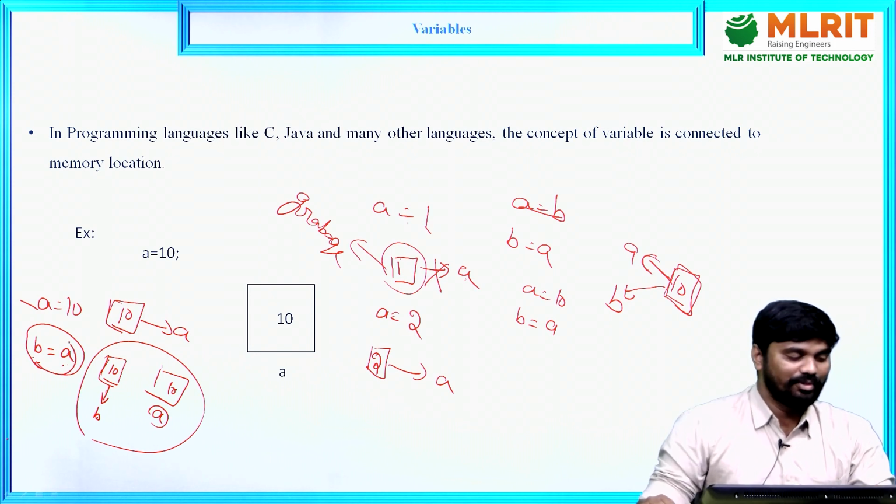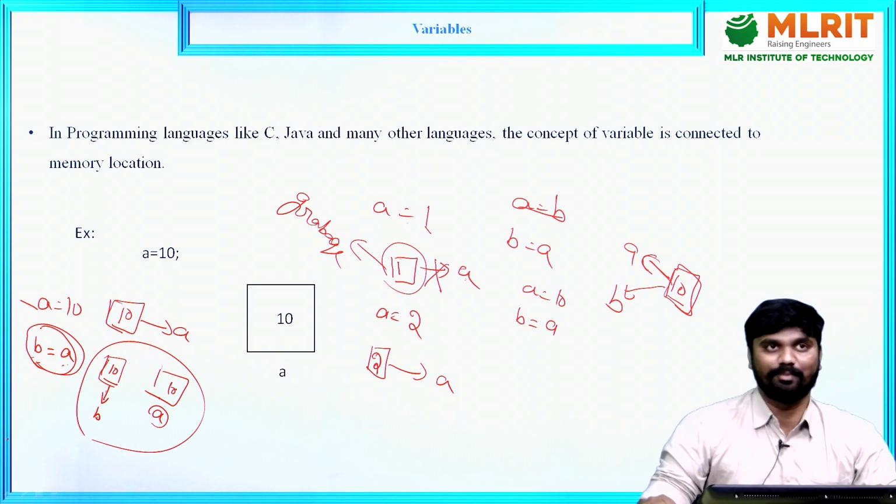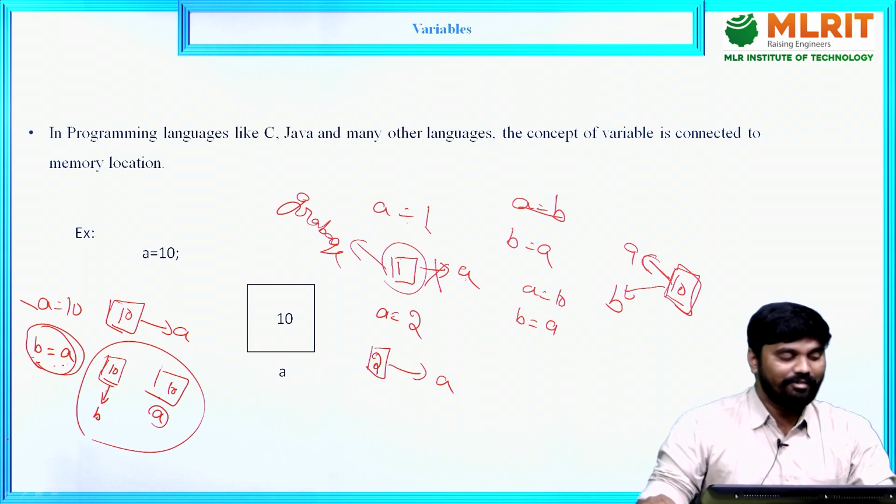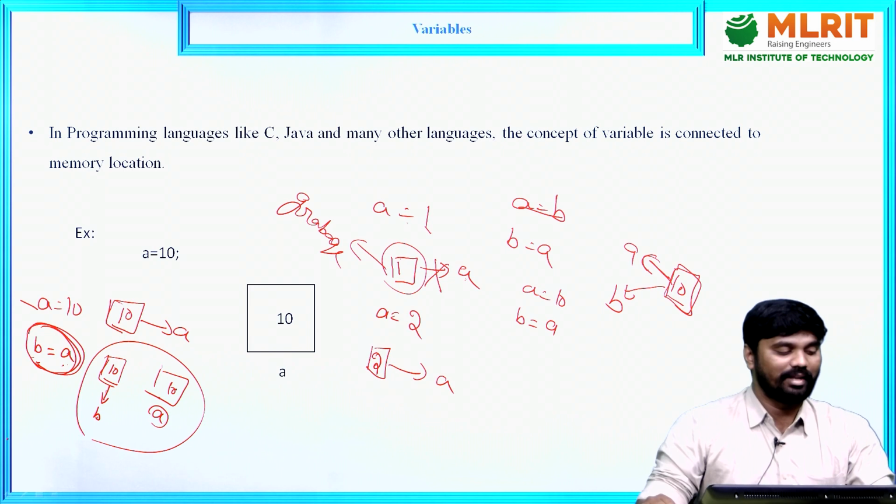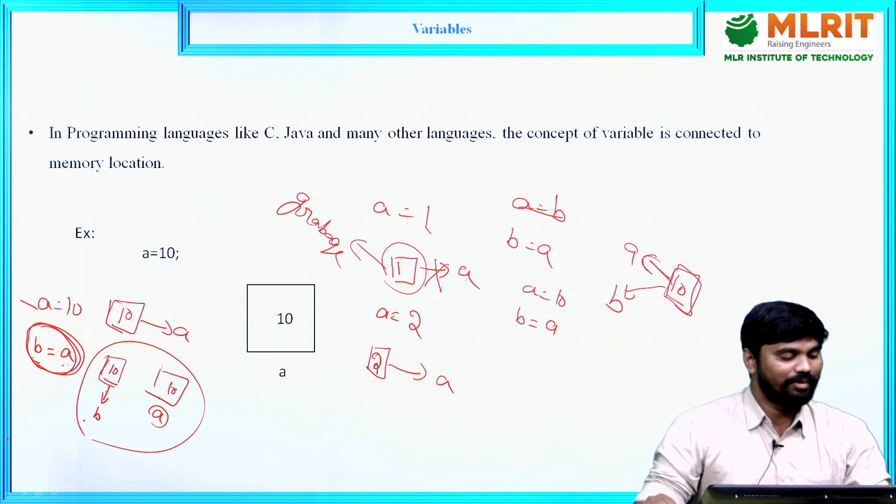Let me revise this statement, the difference between Python variables and other programming variables. Whenever we assign a variable to another variable in other programming languages, the value is copied from A to B, so the same value 10 is represented in two locations.